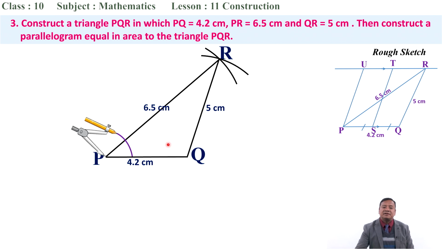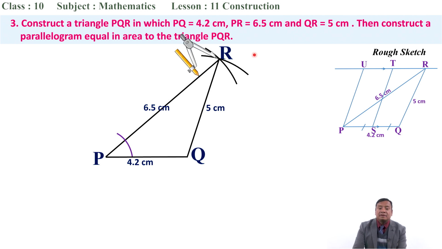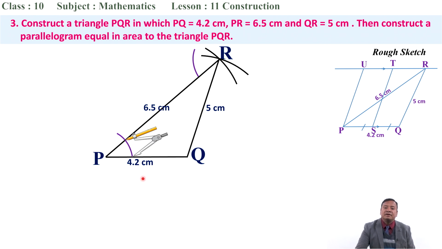Without changing this radius, again at the point R we have to put the compass this way, and the point of the pencil must touch this line. Then cut an arc. Then to make the equal angles we have to measure this angle P. That is, you can put your compass this way. One point must be here and the next point here.